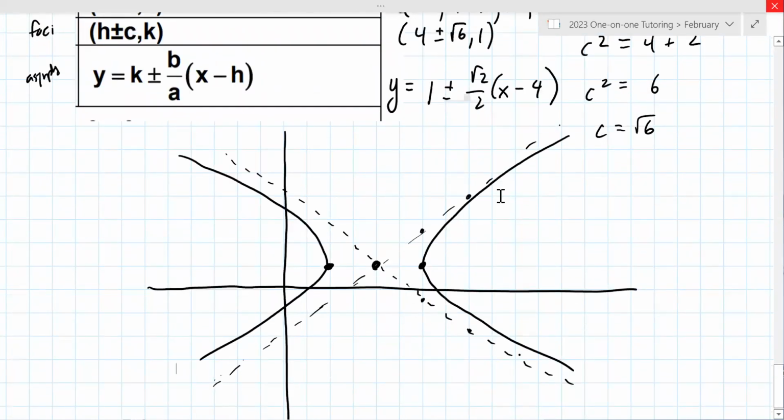You've got to do it from the center and then the equations, then the vertices, because the foci are going to be in here somewhere. They're always inside there, but it's the vertices that tell you where it's going to connect.